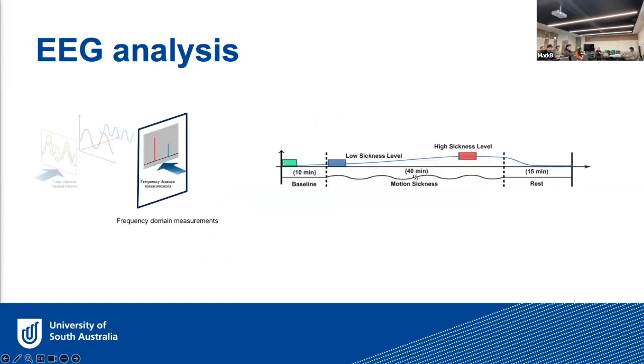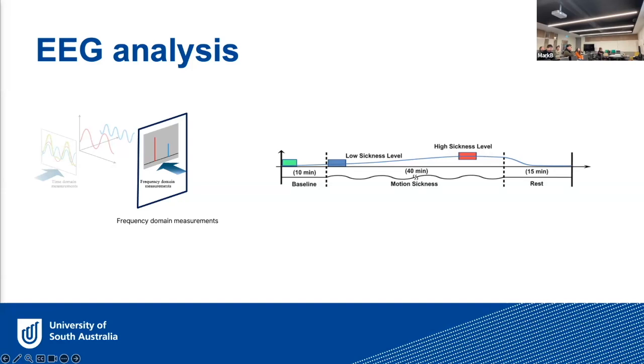Most previous research in cybersickness used the frequency domain. For example, here is a timeline of the setup. We had a baseline section and showed 14 minutes of a virtual scene.